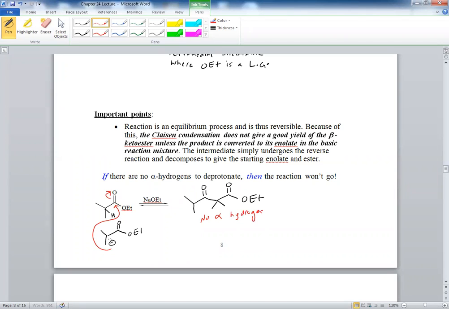Also here, which is actually needed to stabilize, because remember, when we have resonance and conjugation, it's better. So in this case, no alpha hydrogen, no conjugation.